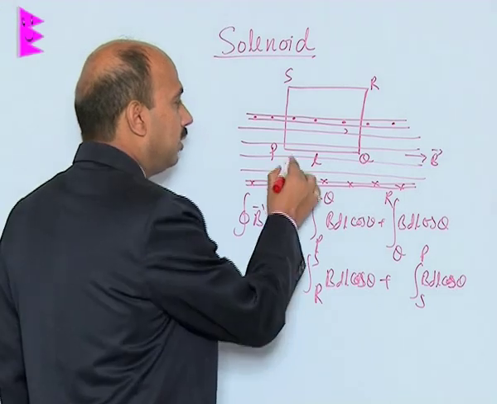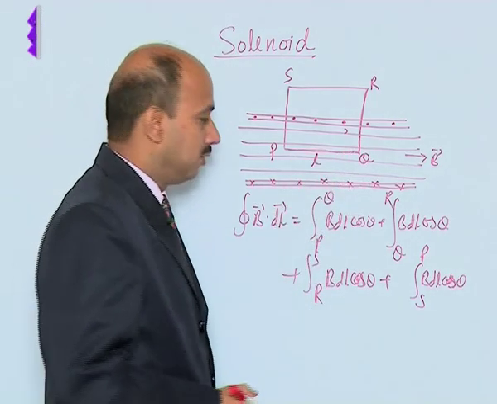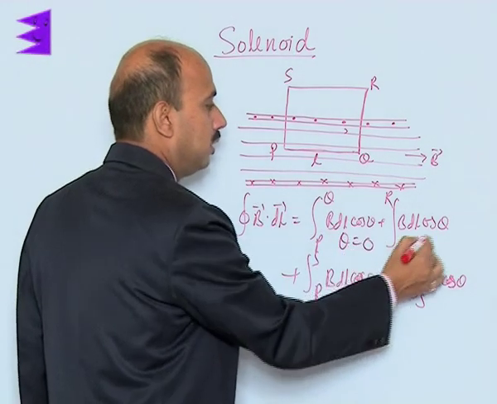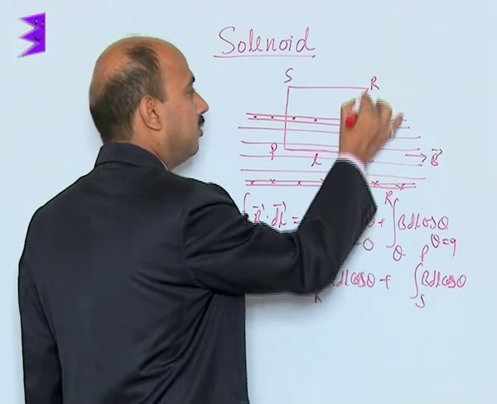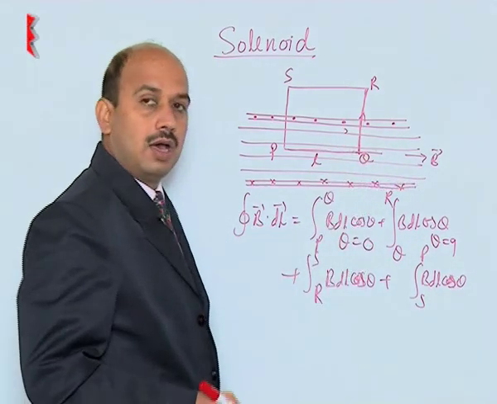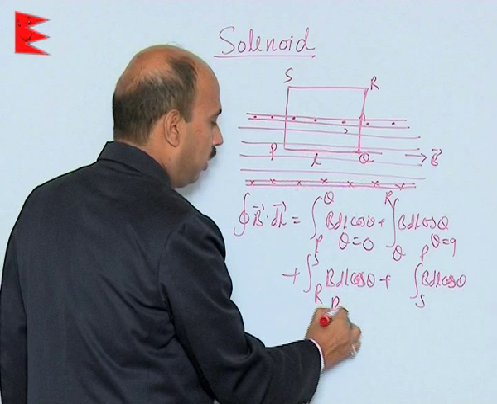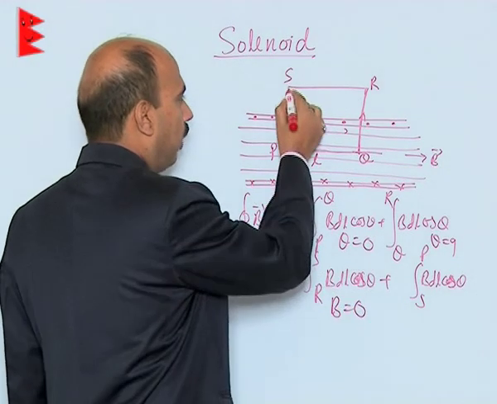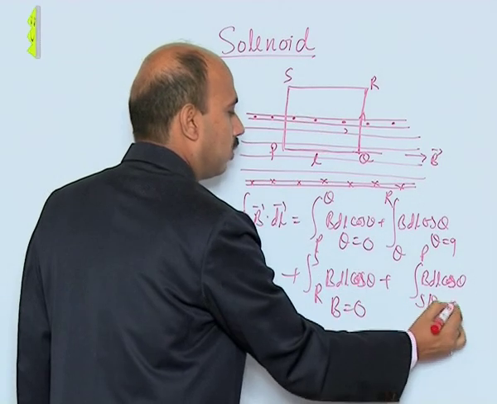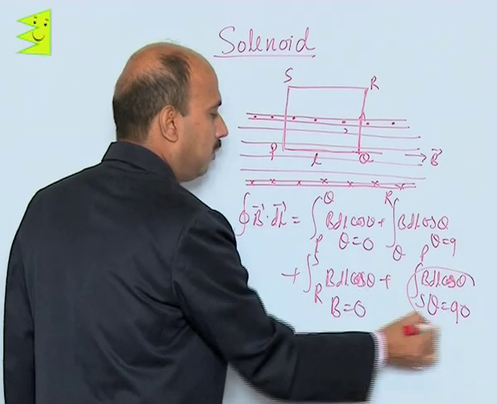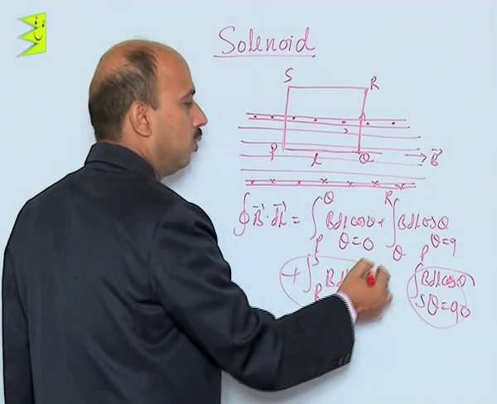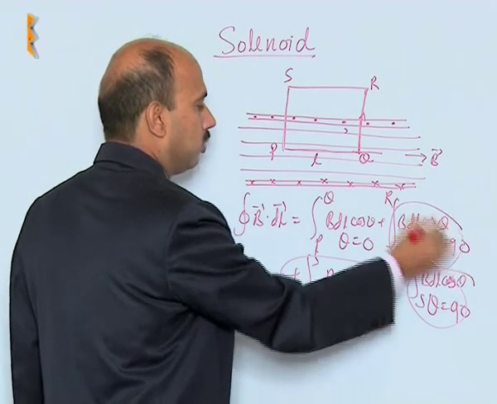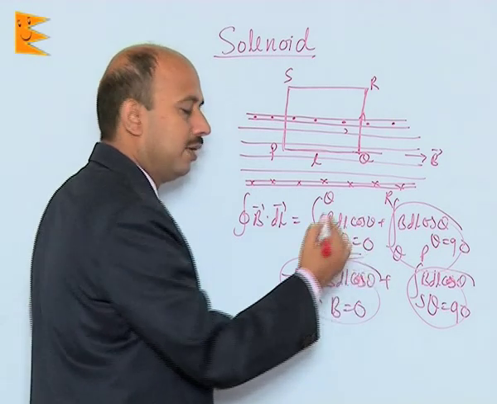Now, see here, for PQ theta is 0, B and dl are in the same direction. For QR, theta is 90. Outside, along RS, B is equal to 0, and for SP again theta is equal to 90. So, this part will become 0, this part will become 0, and this part will also become 0, only this part is left.